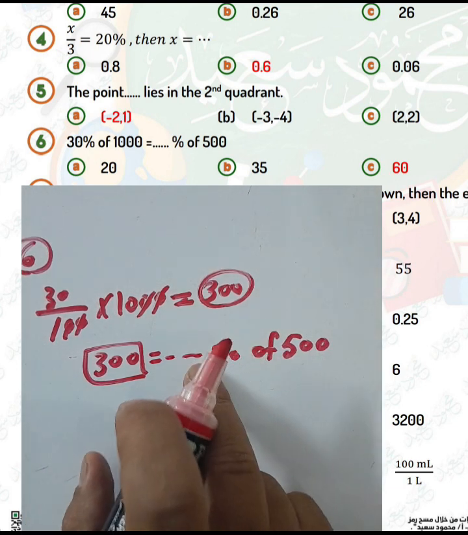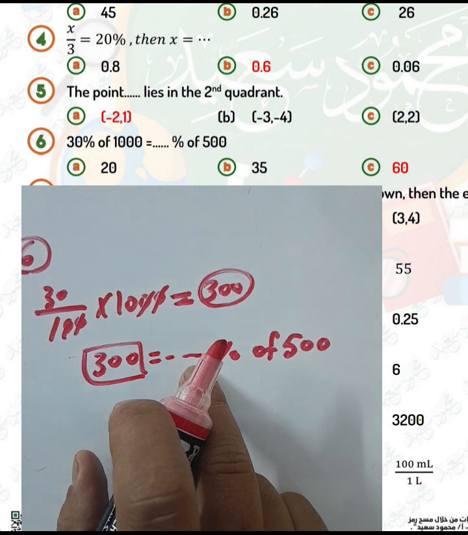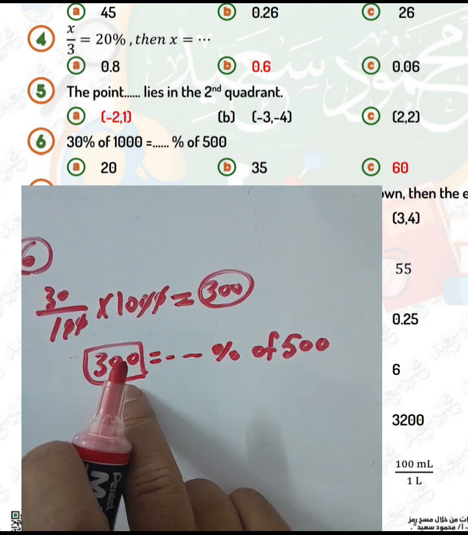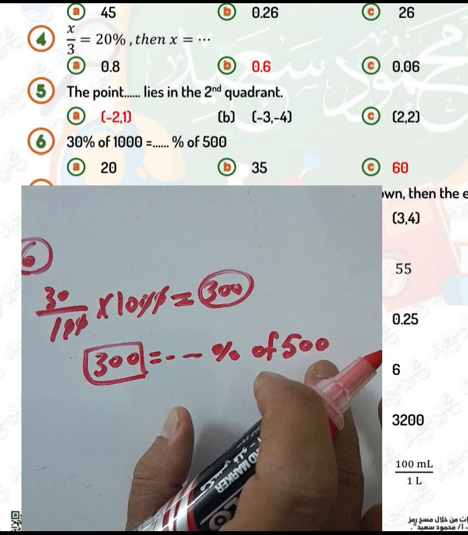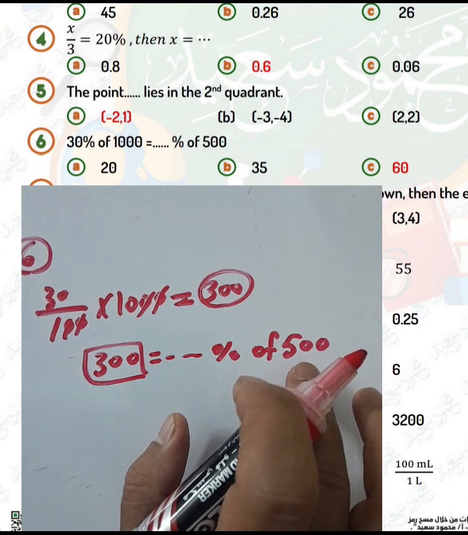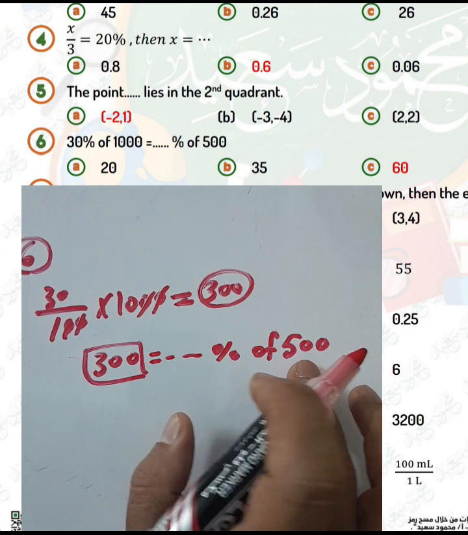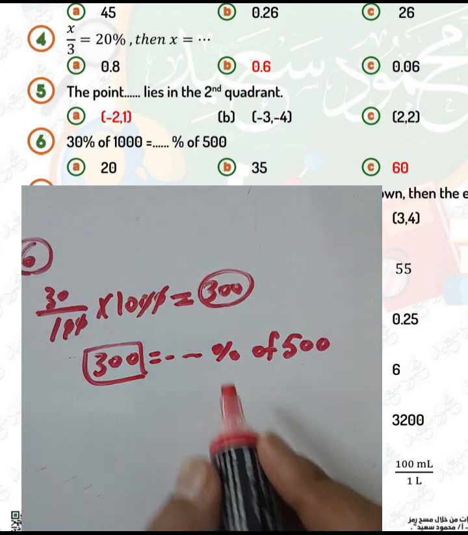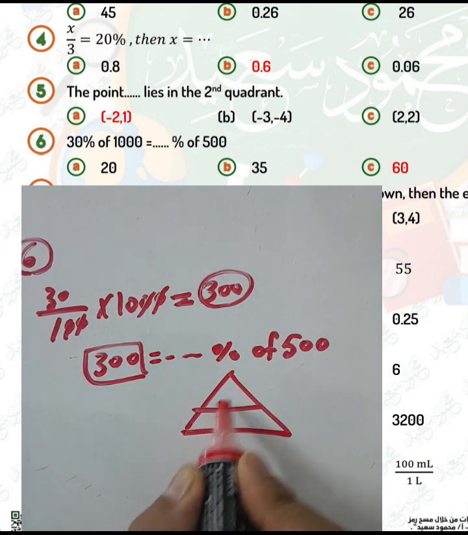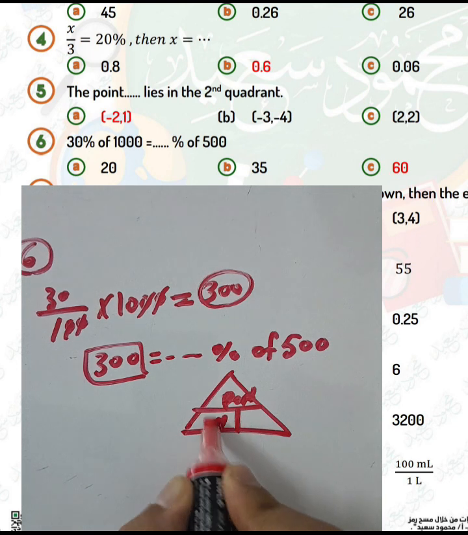You can find the percent by dividing the part 300 by this number, which is the whole number. Do you remember? We have the part, the whole number, and then the percent.